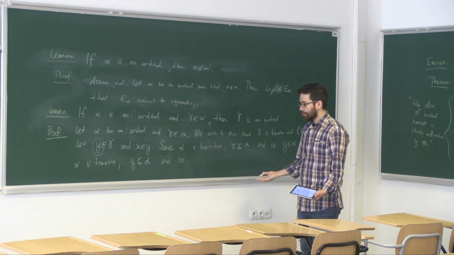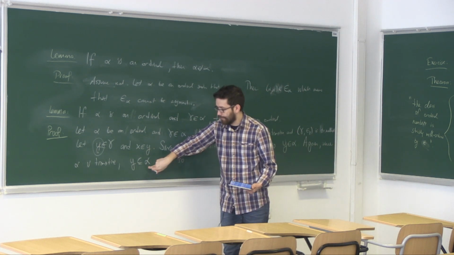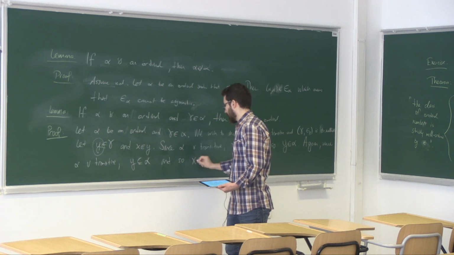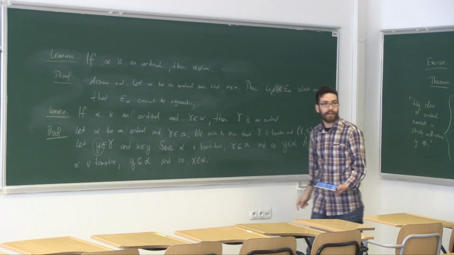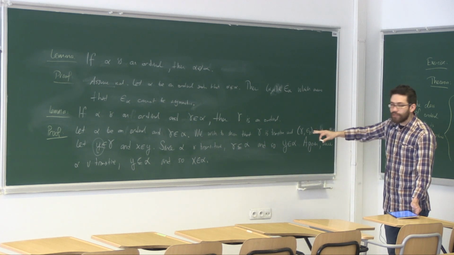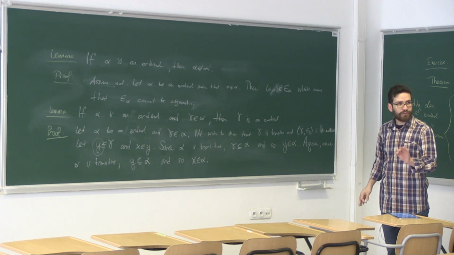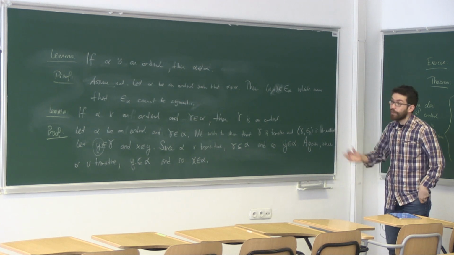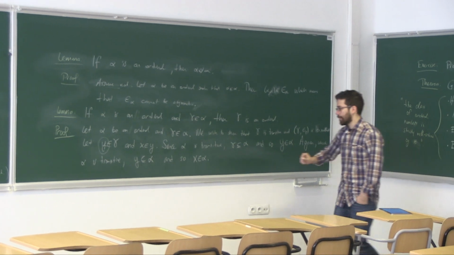And so, well, y is a subset of alpha, x comes from y, which means that x is actually inside alpha. Okay? Up to this point, I only used the fact that alpha is a transitive set. I didn't use the fact that it's an ordinal. I didn't use the fact that it's strictly well ordered by the membership relation. Now I'm going to use that.